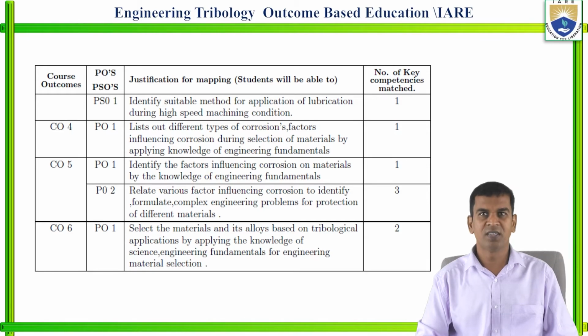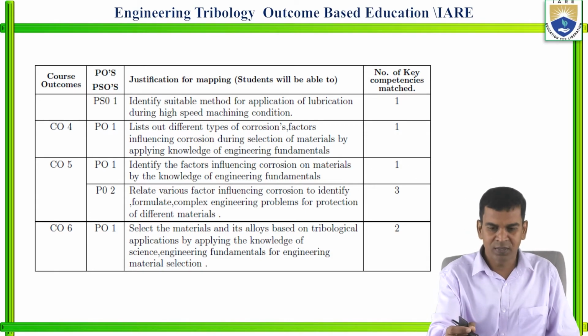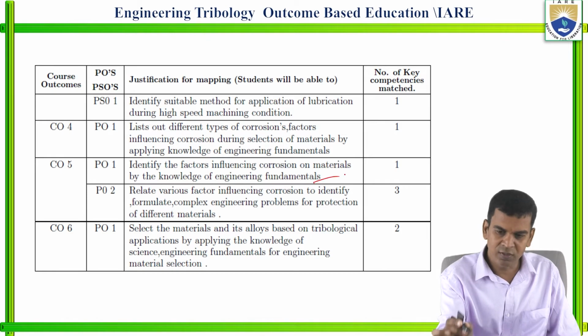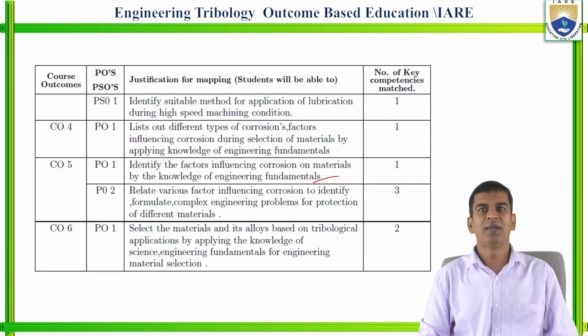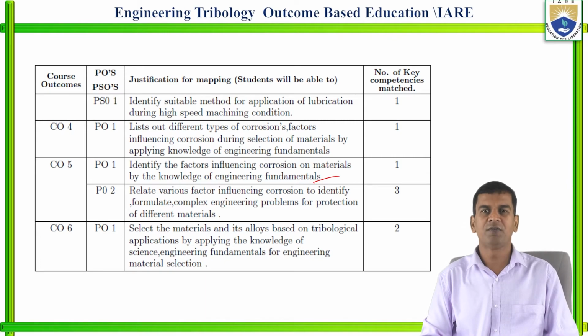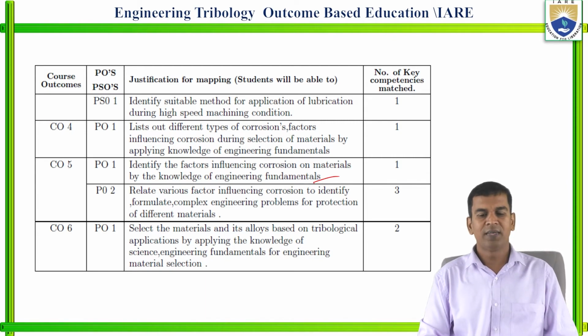PO1 is to identify the factors influencing the corrosion of material by the knowledge of engineering fundamentals. The key competency is only one. And PO2 is to relate the various factors influencing the corrosion to identify and formulate complex engineering problems for protection of different materials. Here three competencies are there: identify, formulate, and complex engineering problems.